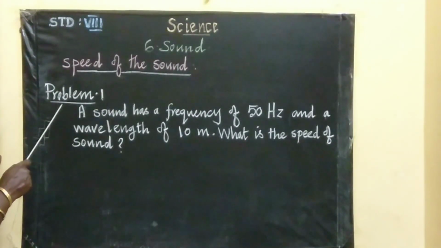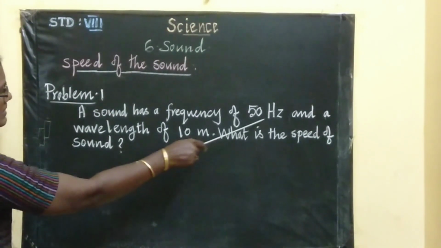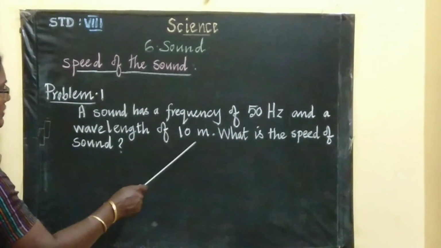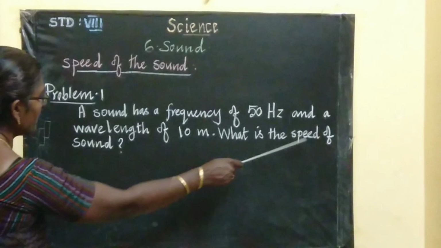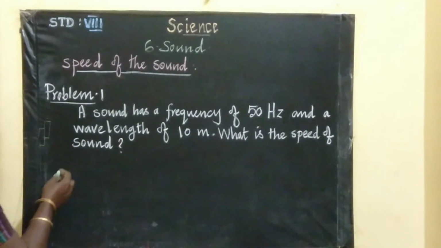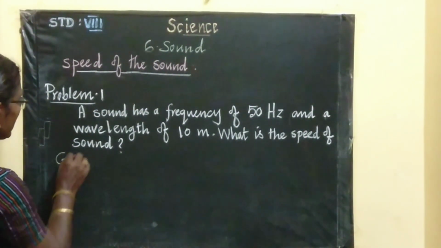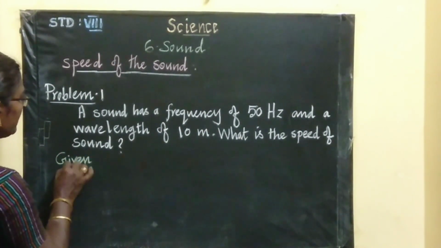Now let us see a problem. A sound has a frequency of 50 Hz and a wavelength of 10 meter. What is the speed of sound? We have to calculate the speed of sound. From this problem we understand that two things are given. What are they?